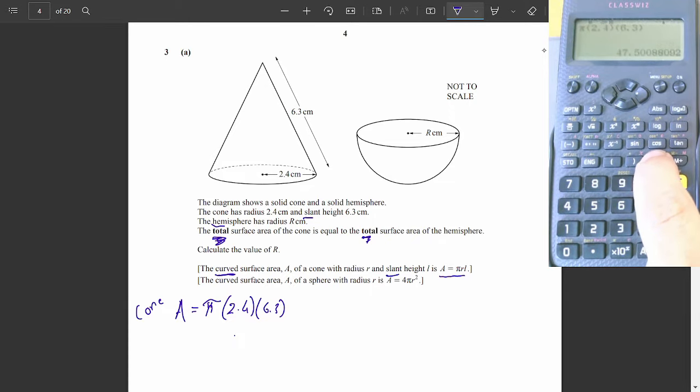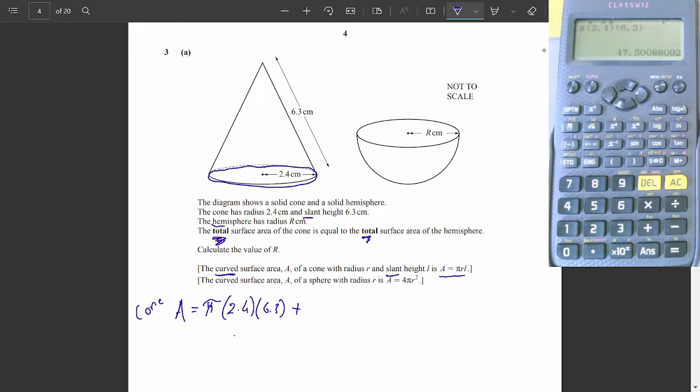But that only gives us the curved surface area. So to this, we need to add the part that's not curved, which is the base. To get the total surface area, we need to add the base to the curved part, which is the top part. And remember, the area of a circle is pi r squared.